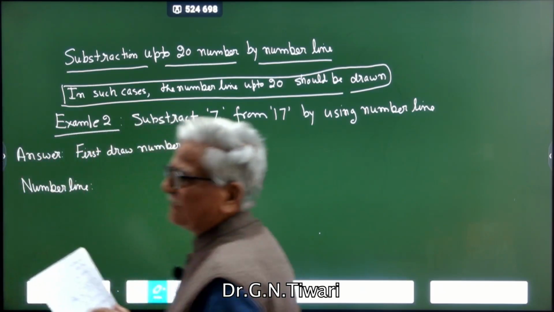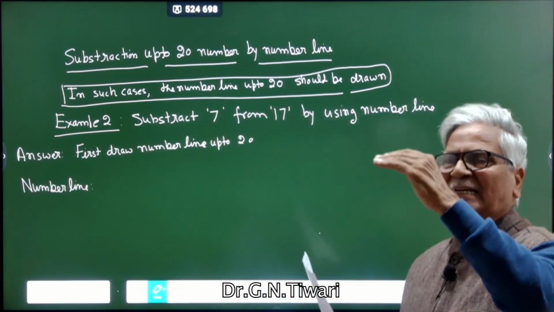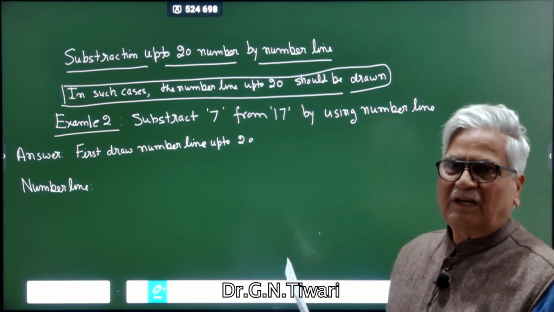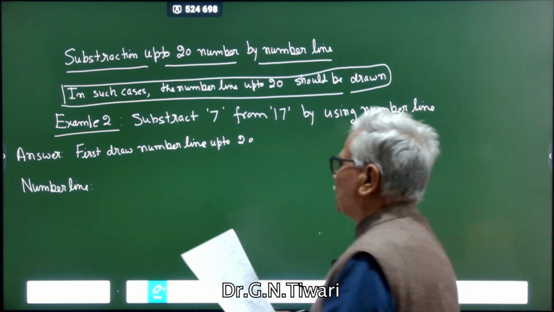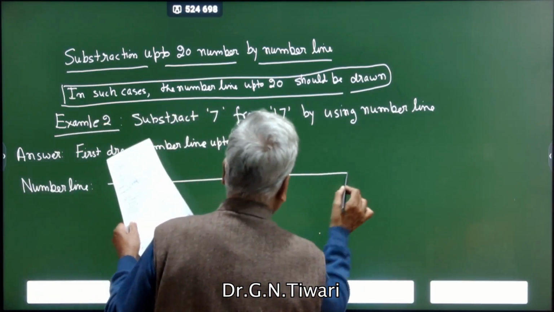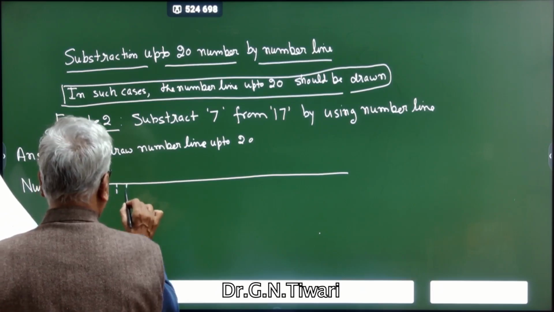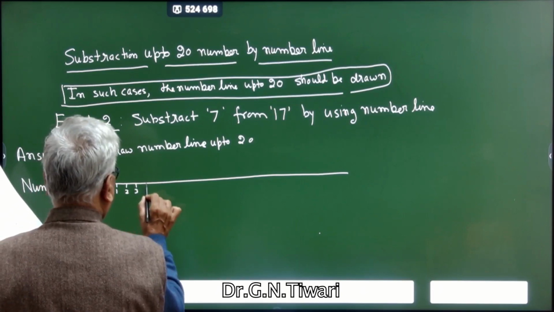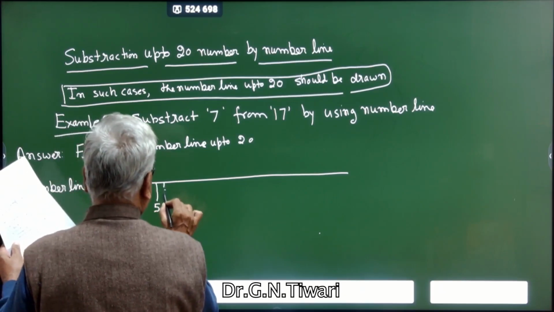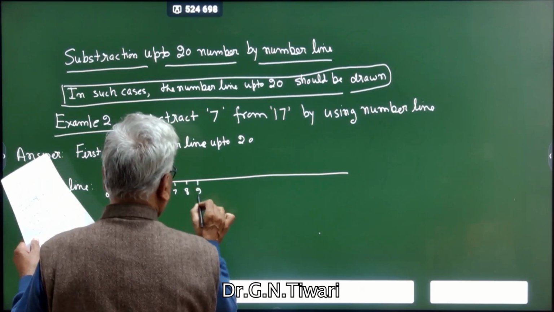Care should be taken by leaving some space above the number line and below the number line, so that you can adopt the first method to solve this problem. So I am putting the number line like this. 0, 1, 2, 3, 4 and 5, 6, 7, 8, 9, again 10.